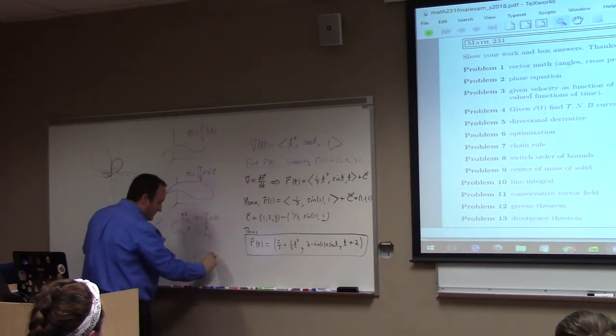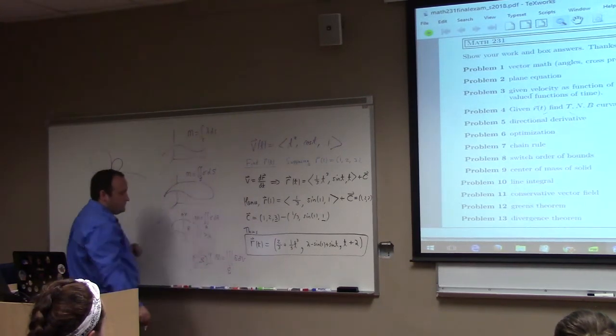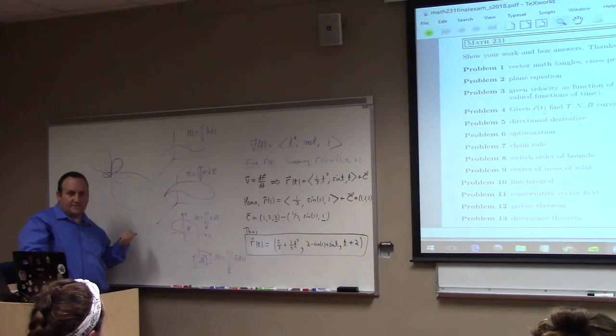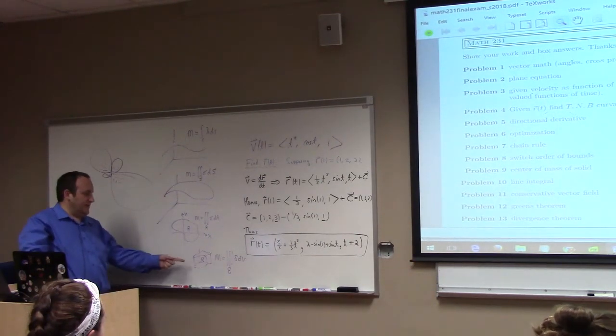And here the mass would be the triple integral of the density, what I use for density, delta? I guess I use delta. Delta dV over this solid region E, whatever you want to call it. Right? And then to find the center of mass, we integrate x, y, and sometimes z.